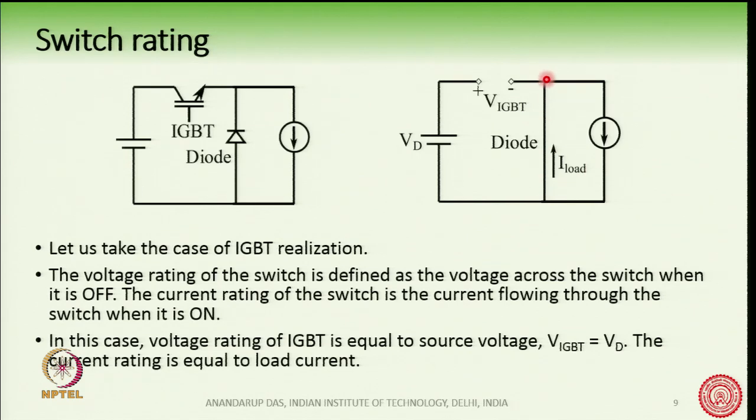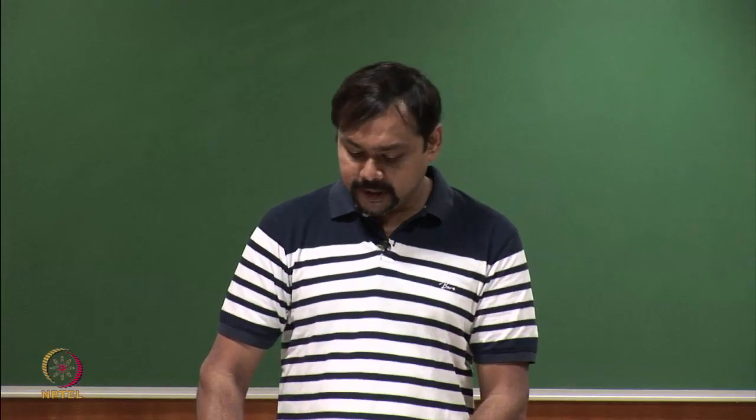Since the diode is short circuited, the negative terminal of this source is connected here, while the positive terminal is connected here. And so, we can see that the voltage across the IGBT during this time is equal to the source voltage. Now, what is the current rating of the IGBT?